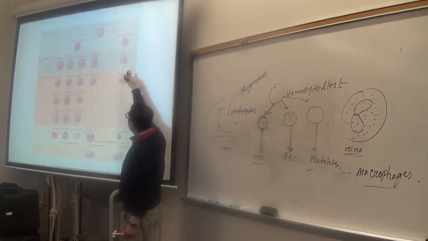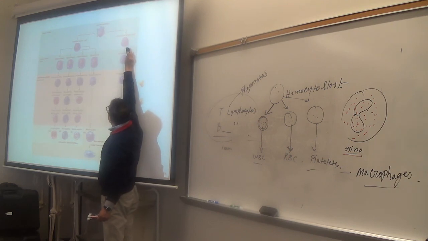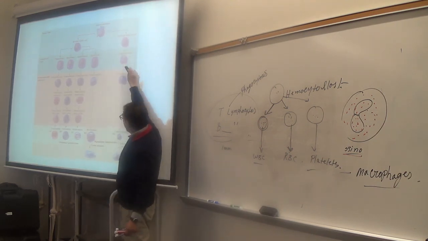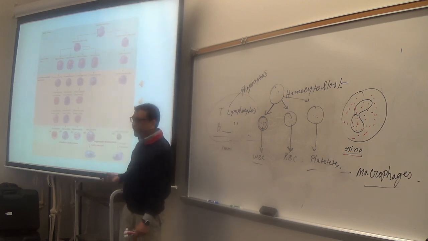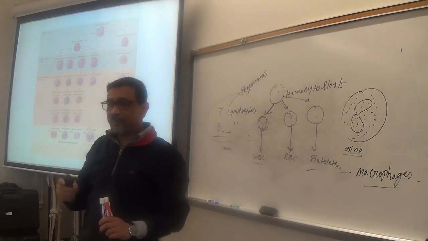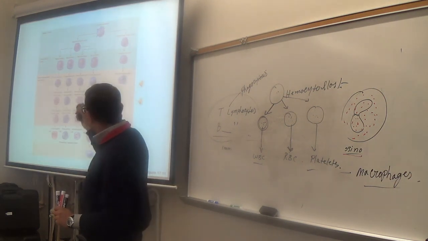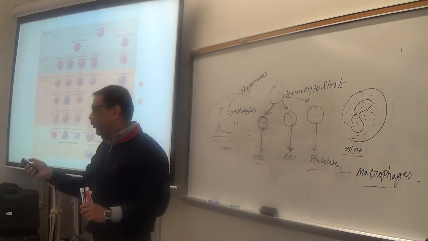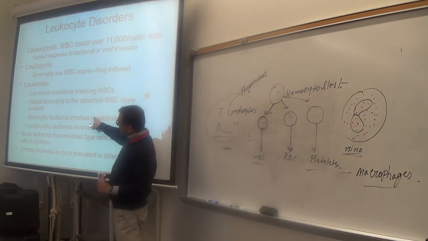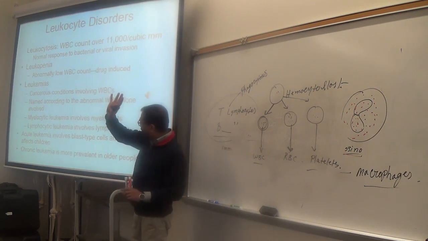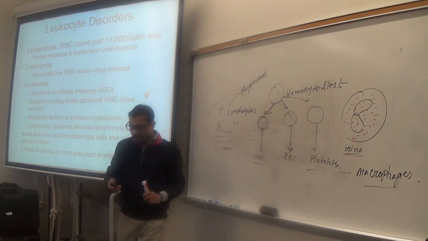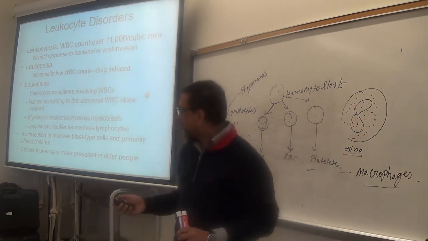So if leukemia occurs due to lymphoid stem cell, then the number of lymphocytes will be extremely high. Makes sense? If that is due to myeloid stem cell abnormal multiplication, then other 4 types of white blood cells will be extremely high. So this is myelocytic leukemia, where 4 different types of white blood cells are involved. Lymphocytic leukemia, only lymphocytes.